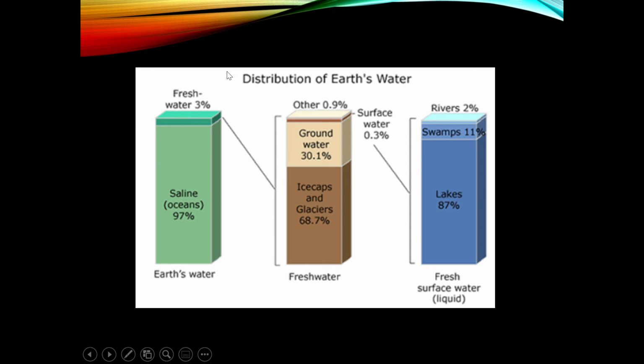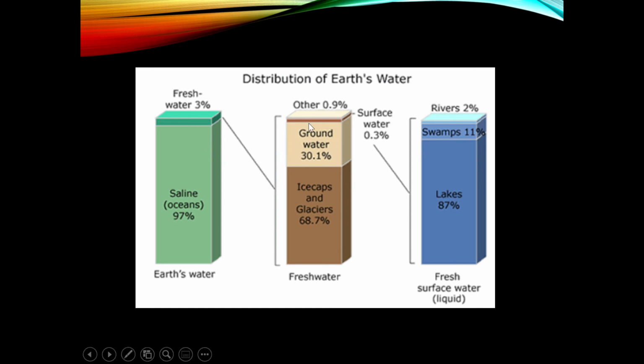Okay, so now let's analyze how we are going to divide this 3% of the total water that we find in the planet. As you can see right here, we have others, which will be 0.9%. Surface water is only 0.3%. When we talk about surface water, remember that we have rivers, lakes, tributaries, and so forth.